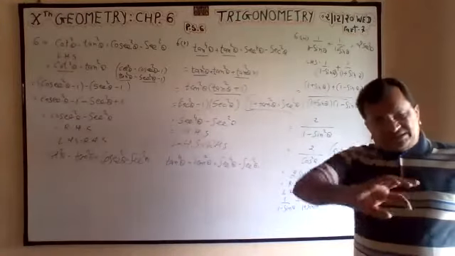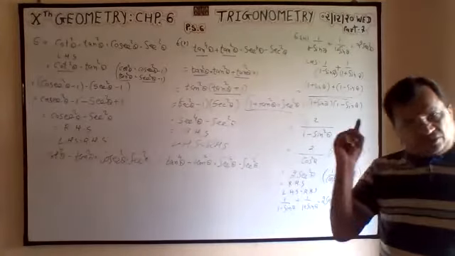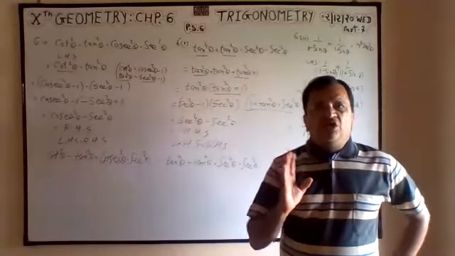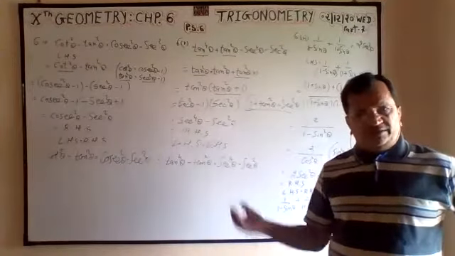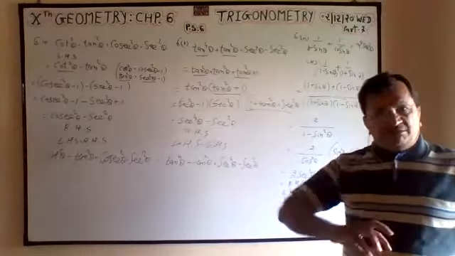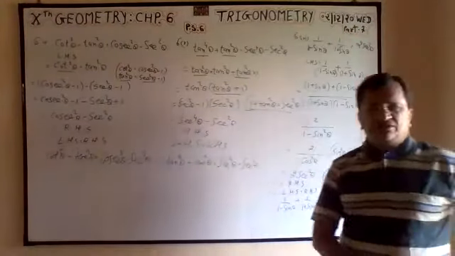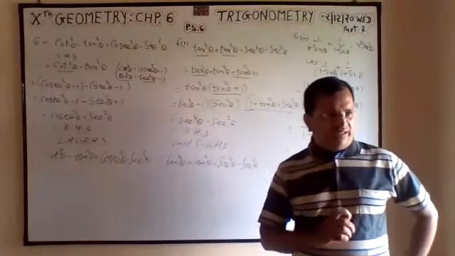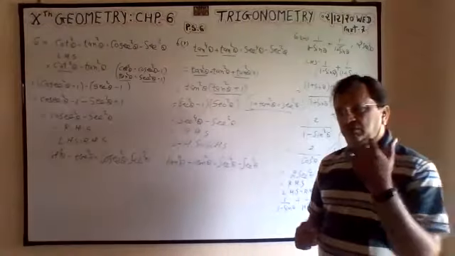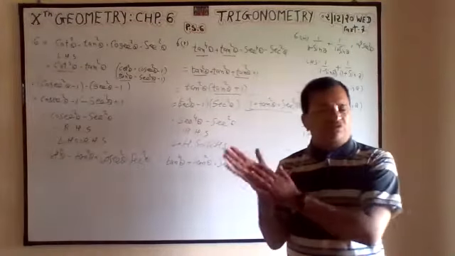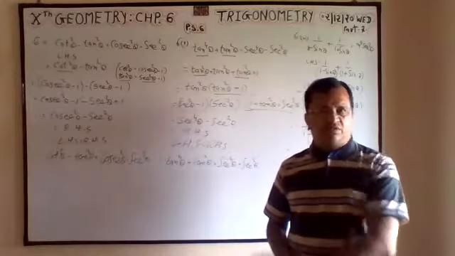Three formulas which are inverse products: sine into cosec is equal to 1, cos into sec is equal to 1, tan into cot is equal to 1, that we are utilizing in direct or indirect form. And three identities: 1 plus tan square is equal to sec square, 1 plus cot square is equal to cosec square, and sine square plus cos square is equal to 1.